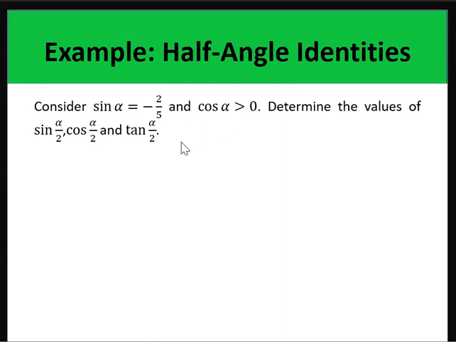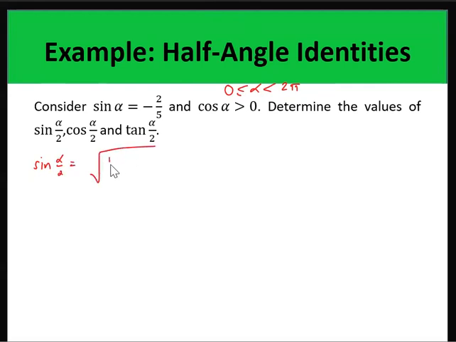In this case, we can assume that angle alpha is from 0 up to 2 pi, exclusive of 2 pi.